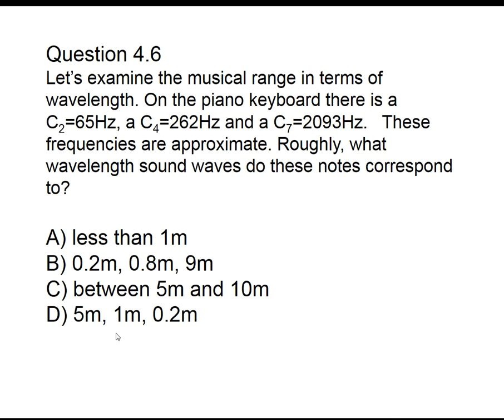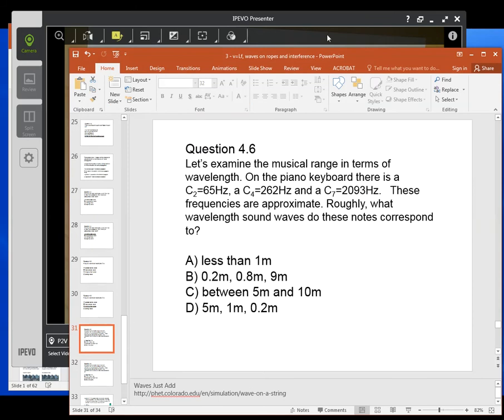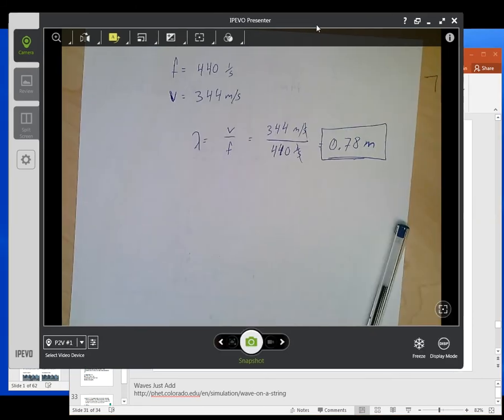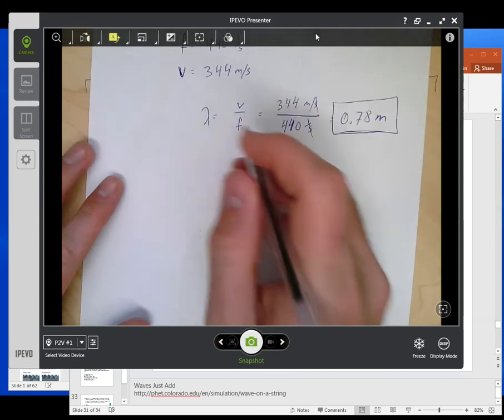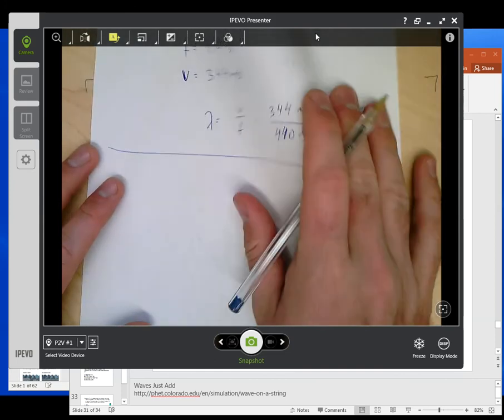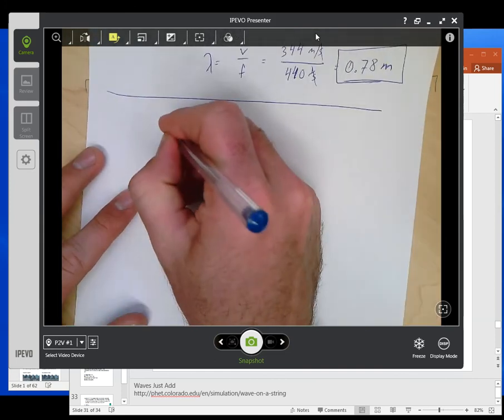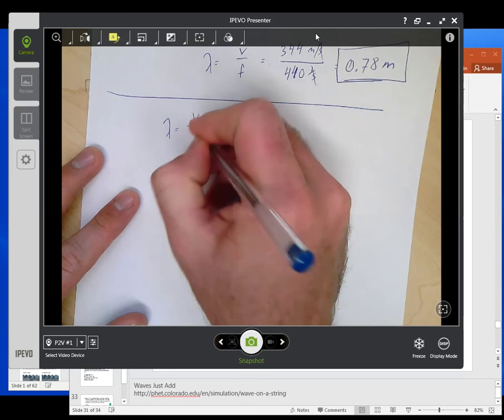So we're given 3 different frequencies. Okay, so we're back, and I will show you my own way of thinking about this here. We're going to again use the same formula as before, that wavelength is going to be equal to speed divided by frequency.